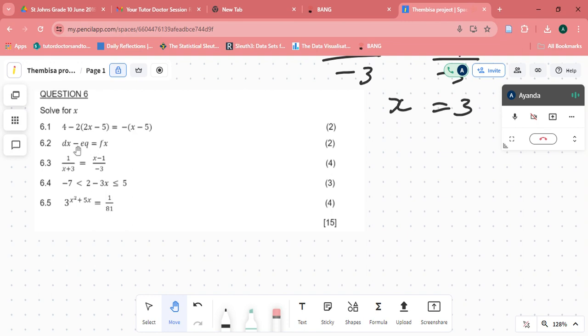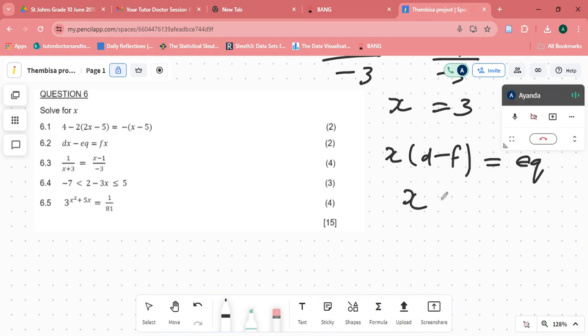Now we need to just take out a common factor. If we take x times d minus f, we can set that equal to eq just by rearranging our formula.